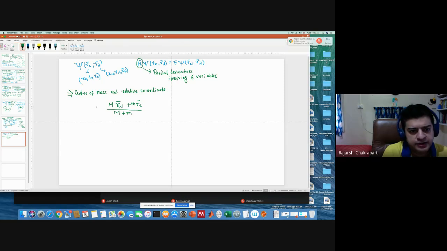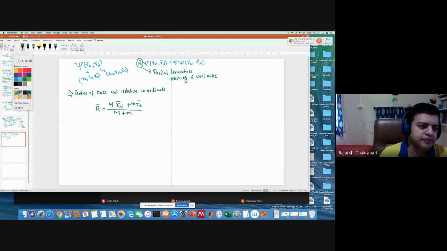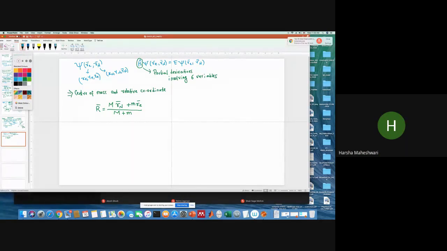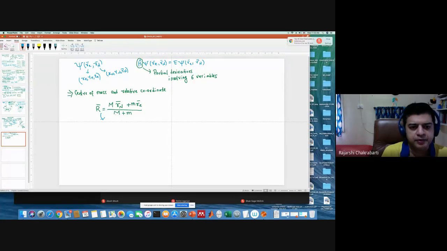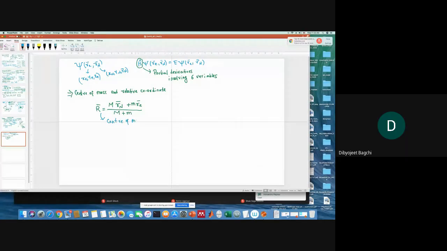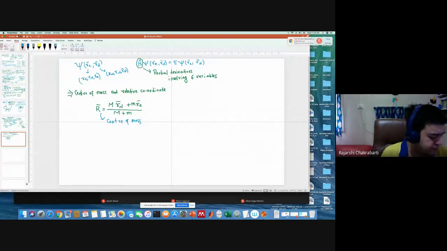This is a vector, the whole thing. I'm calling it capital R. And you have a name for this vector. How many of you know this? There's a name to this. What is this? Yes, I have already written there. Okay, this is the center of mass vector.